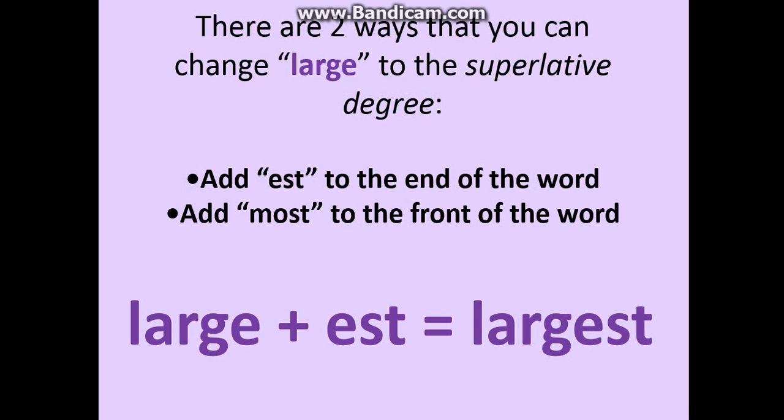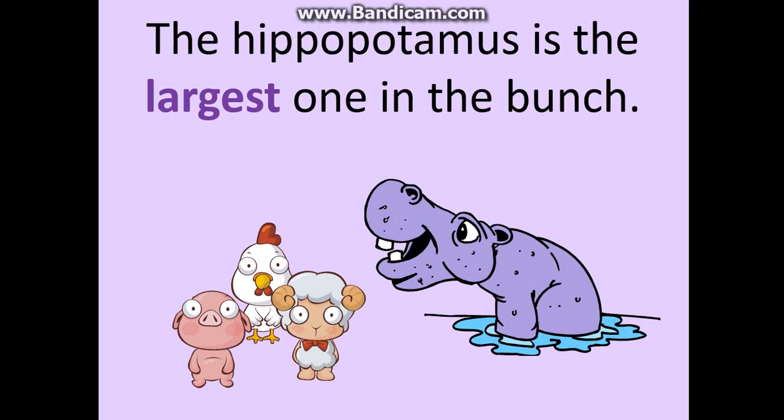We add est for one or two syllables, and we add most when the word is more than two syllables. For example, large again. For large, we only must add est, so the word will become largest.